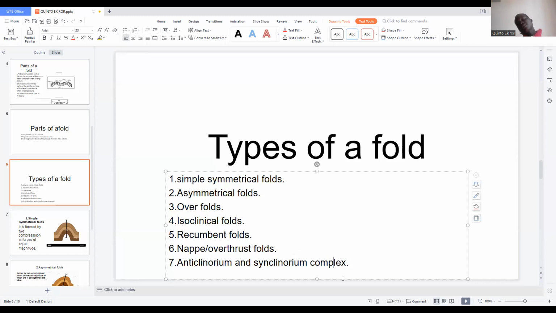In our next class, I will start by looking at the recumbent folds, nappe or overthrust folds, and anticlinal and synclinal complex folds. So make sure you do it. It's part of your assignment, and I will start from there in our next class.